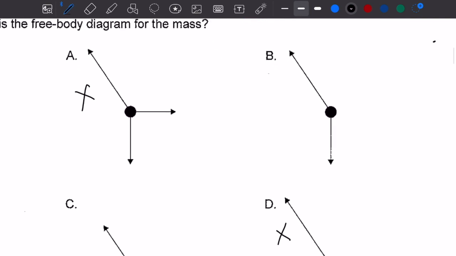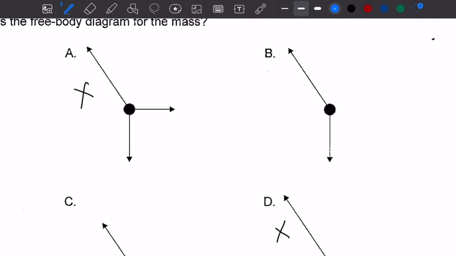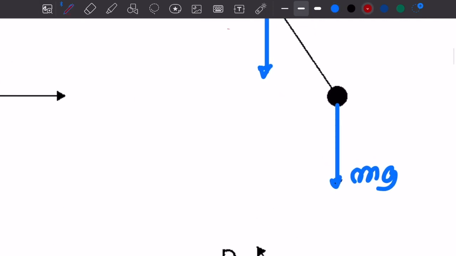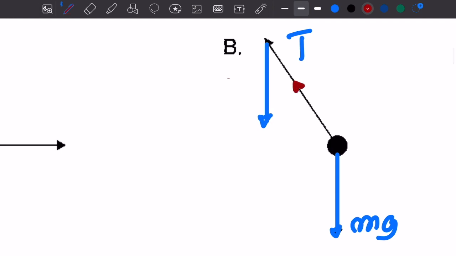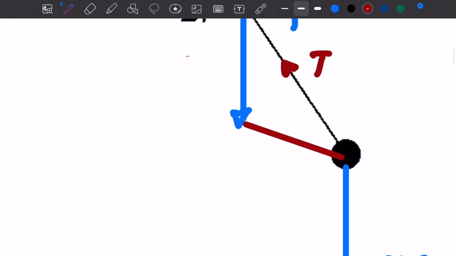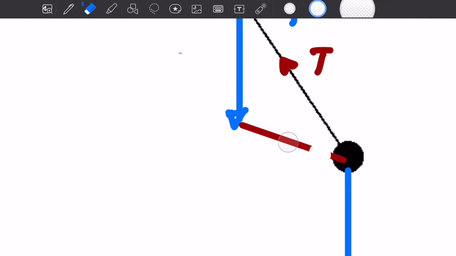Now let's see. What are these two forces? mg and the tension. I will replace the weight of the mass here with the same length, and I can see the net force of these two. See, tension is this way, mg is this way. So the net force will be here.